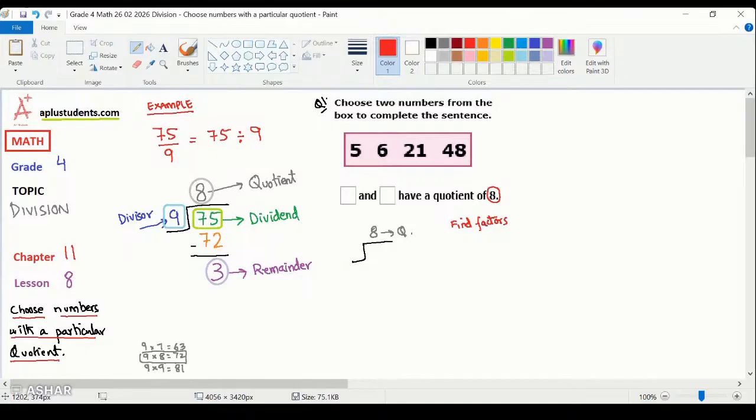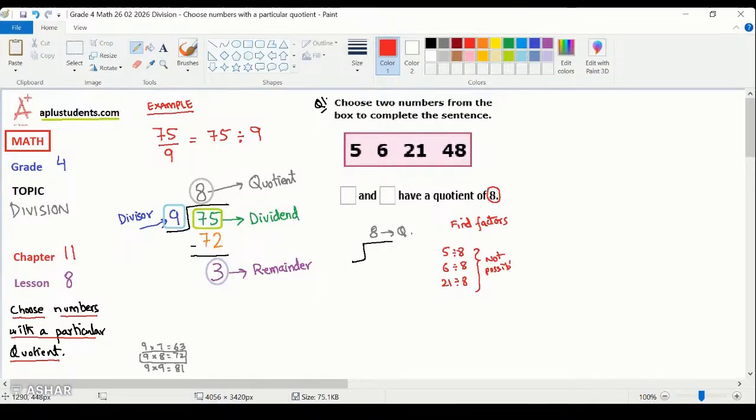A factor means a number that can be divided by 8, or is in the table of 8. So 5 divided by 8, not possible. 6 divided by 8, not possible. 21 divided by 8, all of these three are not possible, right?